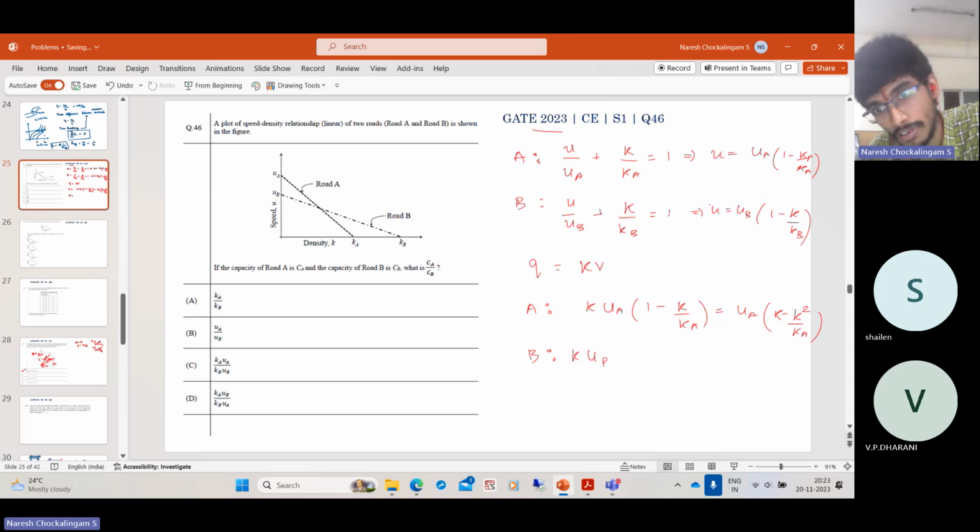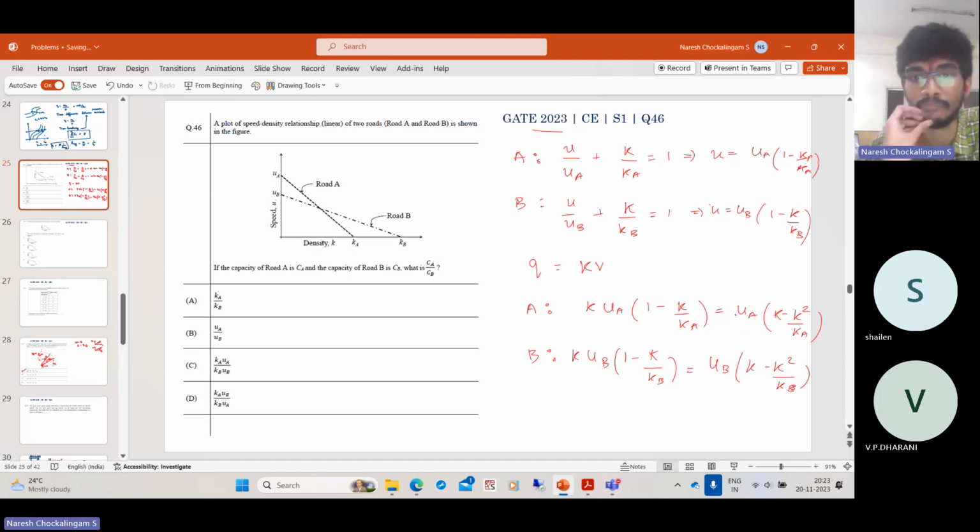It is k times ub into 1 minus k by kb. So it is k times v, right? I'm just multiplying the density with the expression for velocity. So it is ub into k minus k square by kb. There's nothing very different between these two expressions. You do it for A, and then replace everything for B.